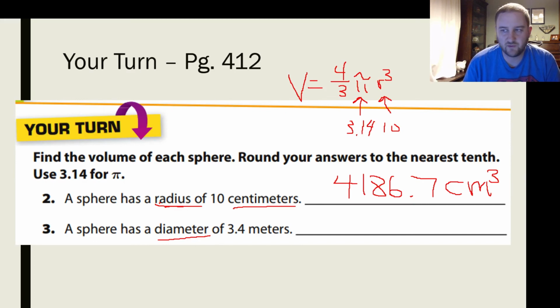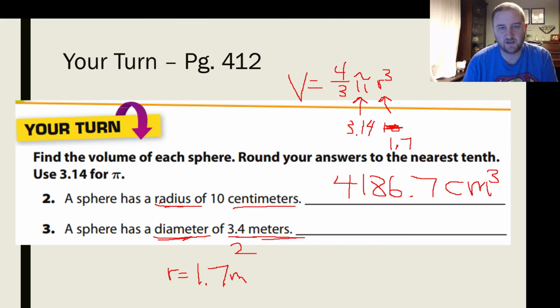Our label then is centimeters cubed. Number 3, a diameter of 3.4 meters. Again, if it has a diameter, we've got to divide that by 2 to get the radius, which means our radius is 3.4 divided by 2, which is 1.7 meters. And now we plug it in. Instead of 10 though for our radius, we're going to plug in 1.7. So let's go back to our calculator over here.